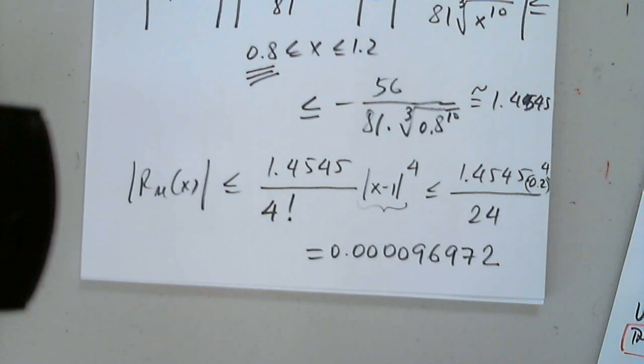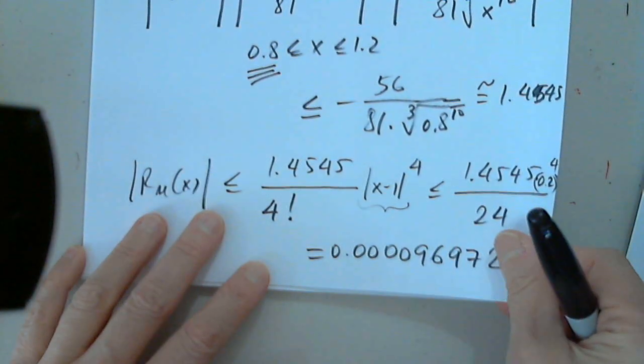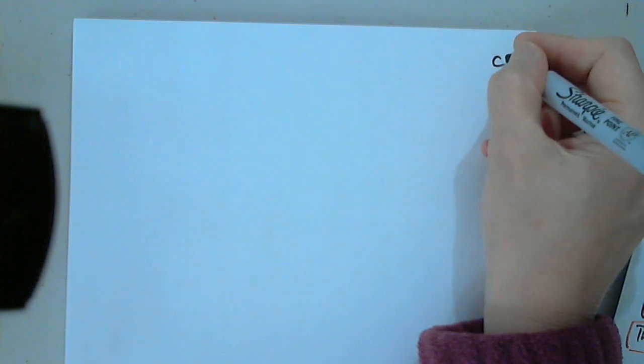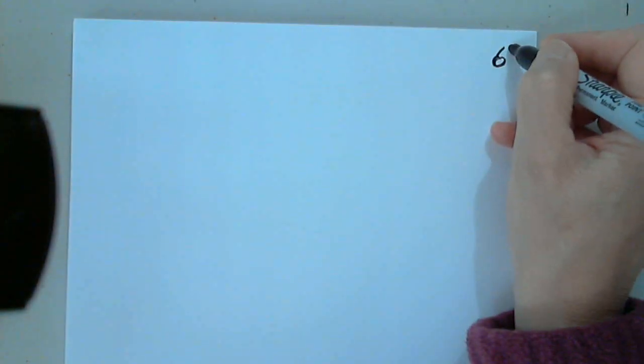Okay, now part C of this problem is asking us to graph. I'm on page 6. So in part C, it says, check your result from part B by graphing the absolute value of Rn.